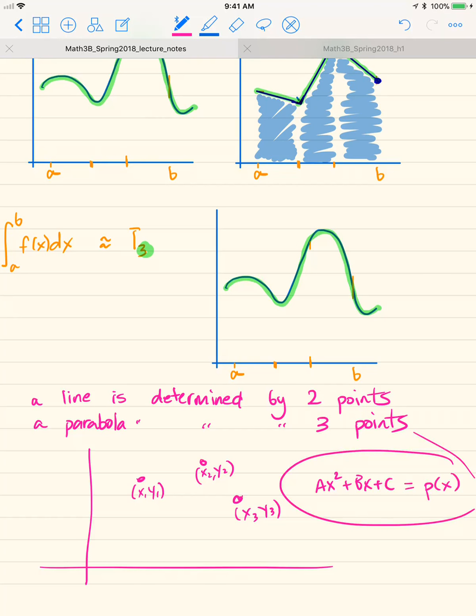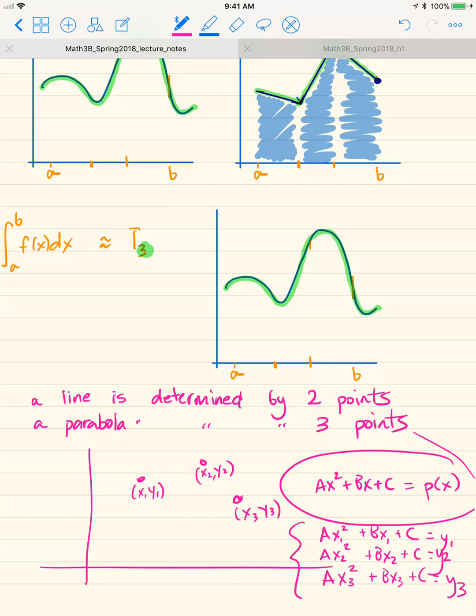So then x1, y1 has to satisfy this, right? That means y1 better be equal to a x1 squared plus b x1 plus c. And x2, y2 also has to satisfy this, so a x2 squared plus b x2 plus c has to be y2. And lastly, a x3 squared plus b x3 plus c better be equal to y3.